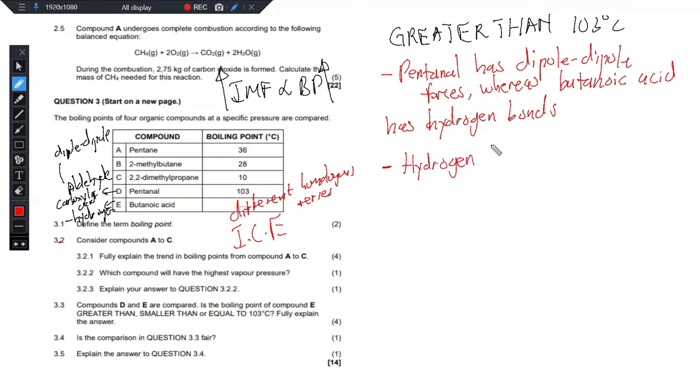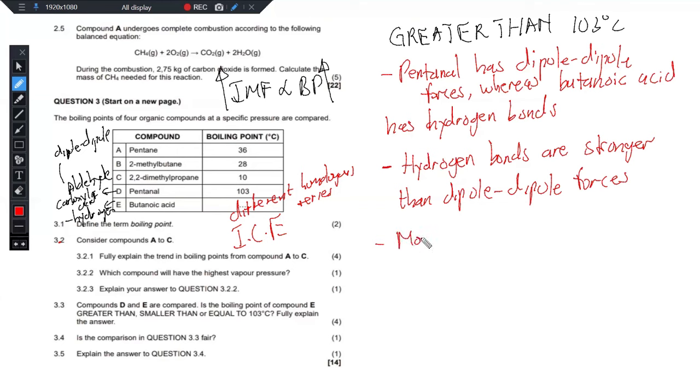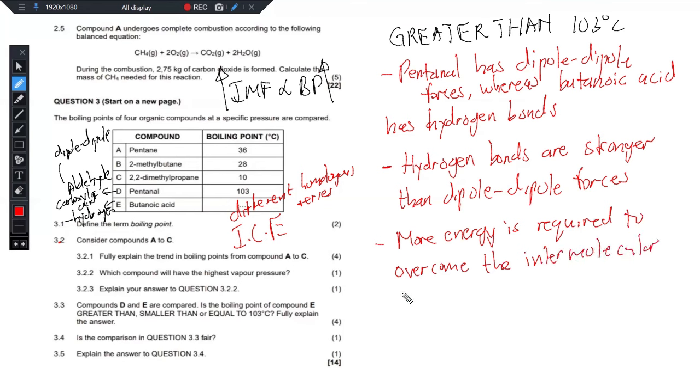And then from there, you need to say that hydrogen bonds, so this is where now we are comparing, hydrogen bonds are stronger than dipole-dipole forces, which means more energy is required to overcome the intermolecular forces in butanoic acid.